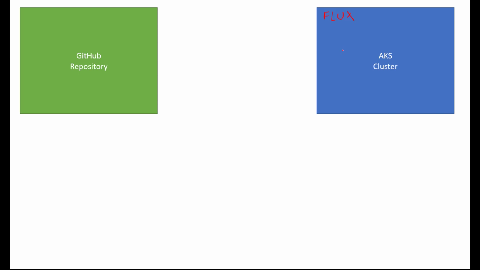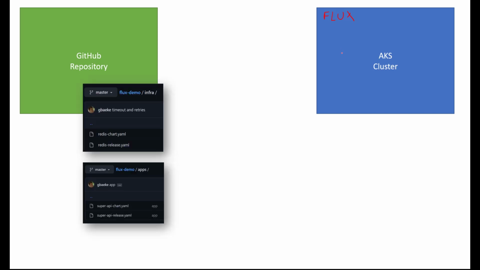Of course, Flux is a GitOps tool, and we're going to retrieve our manifests from a GitHub repository. We'll create some files in that GitHub repository. We'll have an infra folder first, and supposedly this infra folder contains all kinds of infrastructure components that our cluster needs. We pretend here that we need Redis.